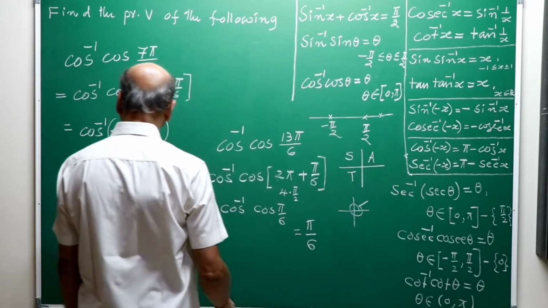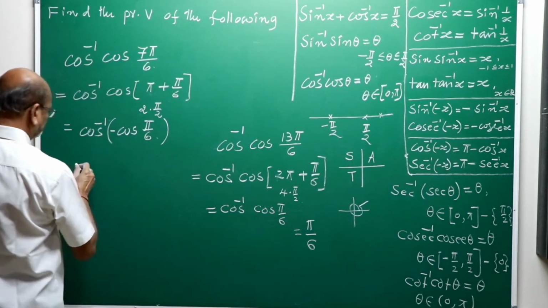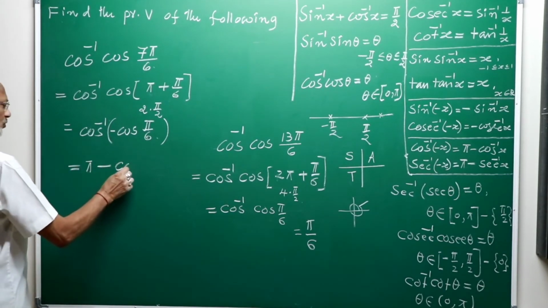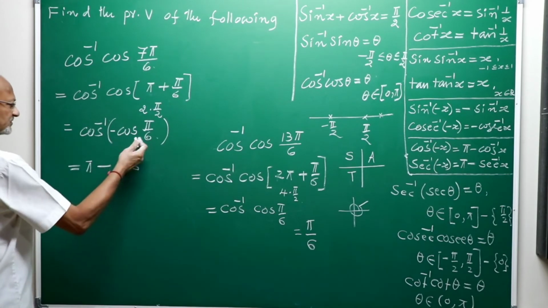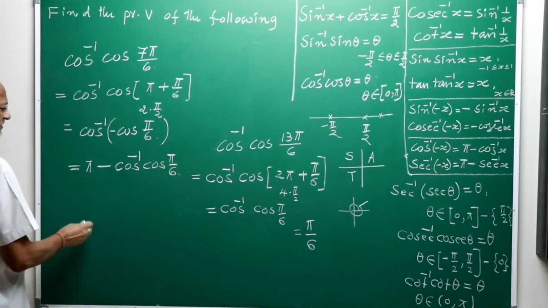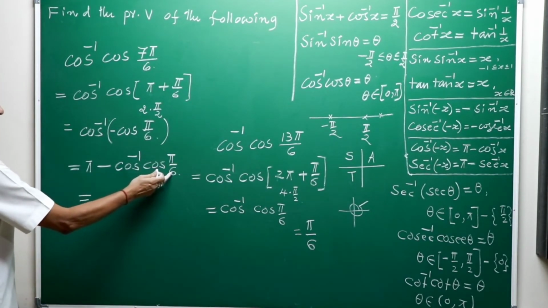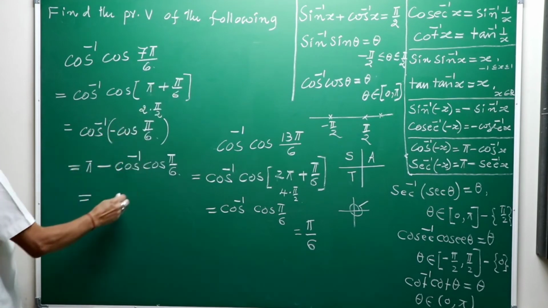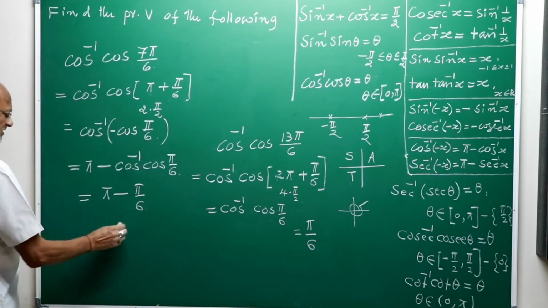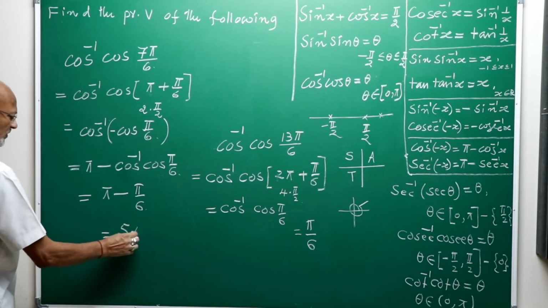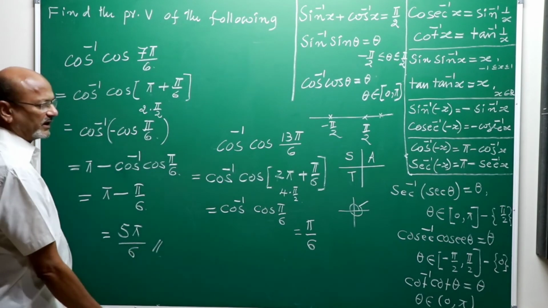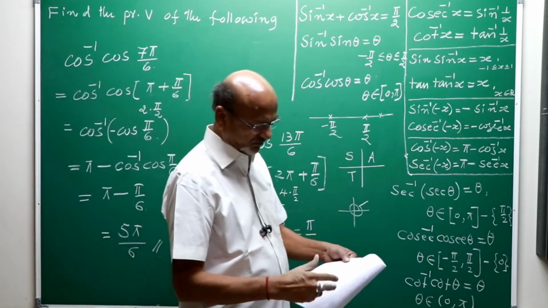Use it. This equals pi minus cos inverse x, where x is cos pi by 6. Pi by 6 is an angle between 0 and pi. So this is pi minus pi by 6. Simplify: 5 pi upon 6 is the answer.